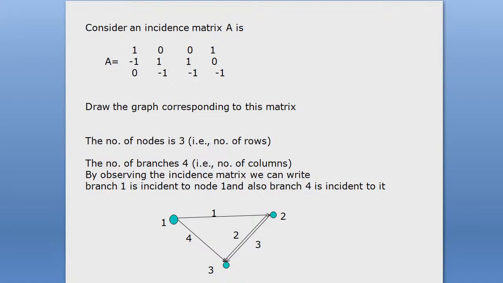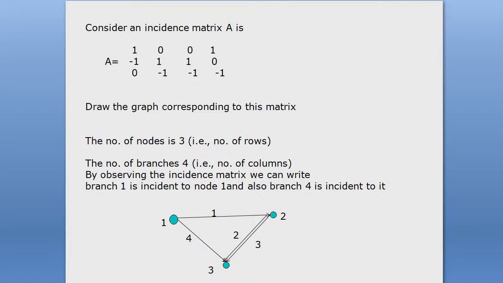After that, we will see the direction of branches by knowing the values of the element. If +1, that means the branch is incident to that particular node and leaves from it.